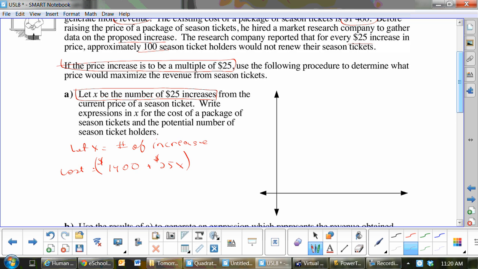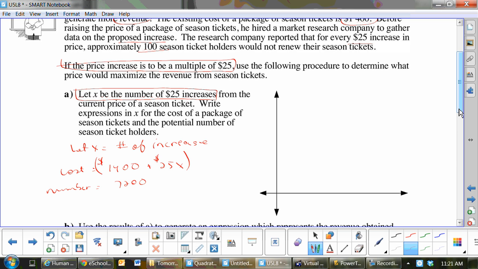Now, with the increase comes a decrease in the number. So the number right now is 7,200. With one increase, how many people do I now have? 7,100.